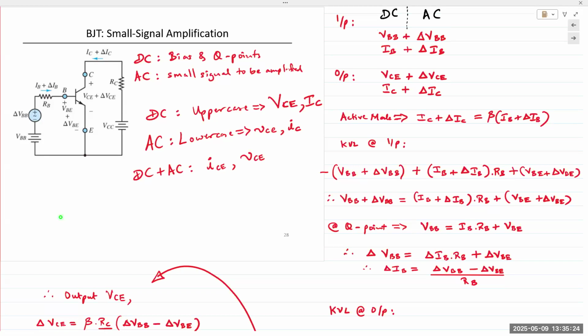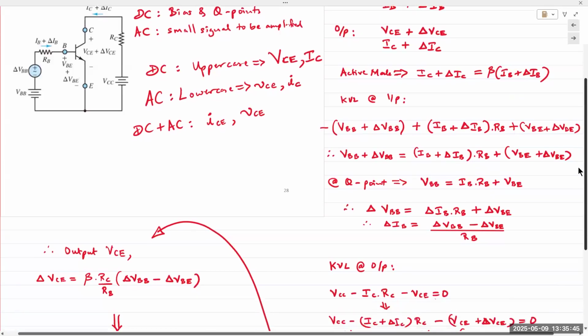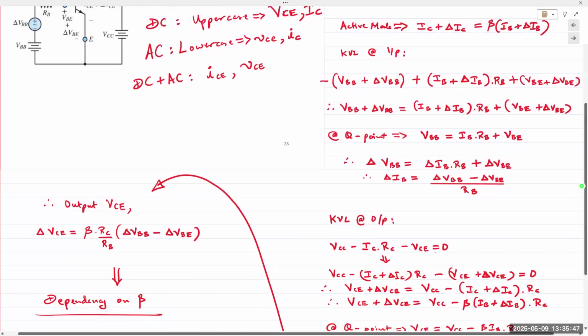IB again has the same component, IB plus delta IB. On the output side, we have VCE plus delta VCE and IC plus delta IC. Again, all four quantities have DC components as well as AC components. So if we wish to operate this in active mode, we bias it in the middle of the operating region, the active region.